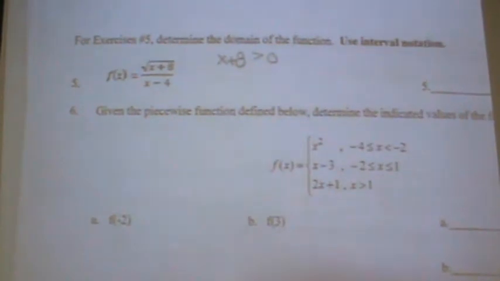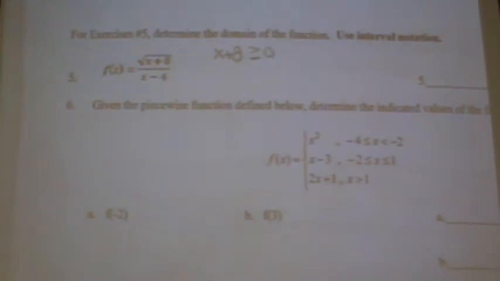We know with square roots, for this one, if it was a cube root, we would have no problem. But we can't have any negatives. So what's underneath here has to be greater than or equal to 0. It could be 0, but it has to be greater than or equal to.